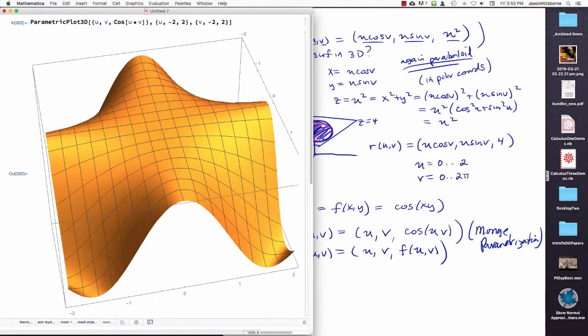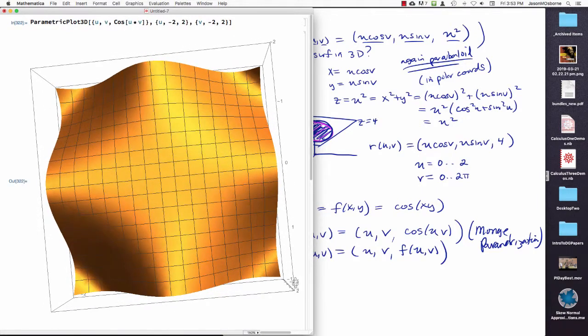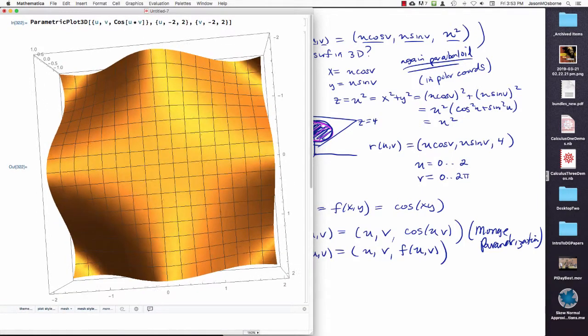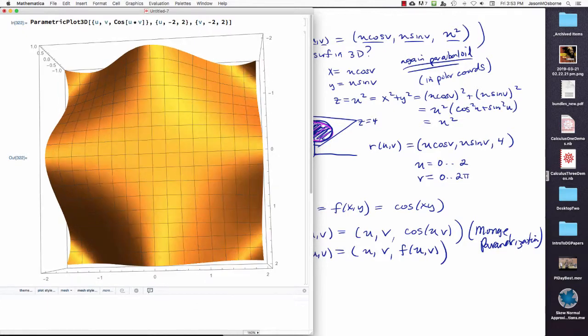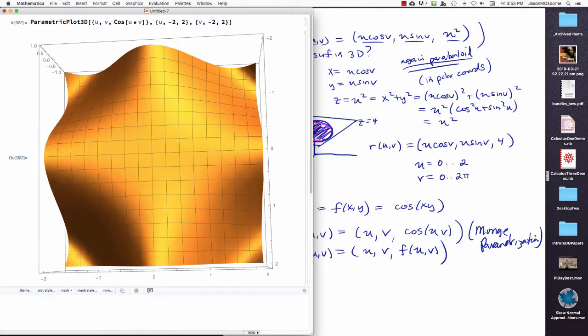And again, you can see here that we are plotting over a rectangle. u is the x, u goes from -2 to 2, we can see here. And on the y-axis, the vertical axis here on the right, we can see v going from -2 to 2. Okay. But let's take a look here. What if I wanted to plot this function over a circular region?